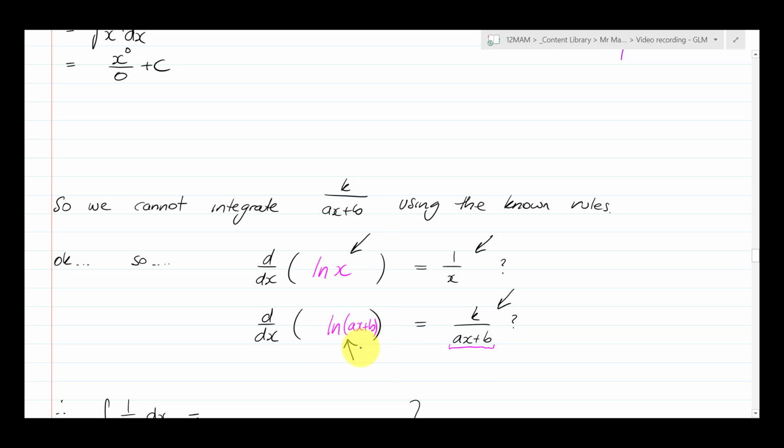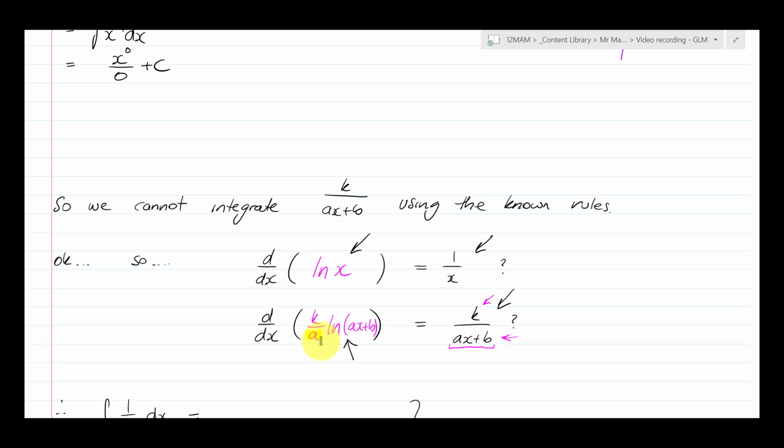The k is just a constant, so if we integrate that, we still get the k, but of course we have to be mindful of that a, because if we derive this function, the k would just stay there, but we'd get an additional factor of a, and so this 1 over a deals with that. And if that's a bit confusing now, you'll see through some examples and practice how that works.